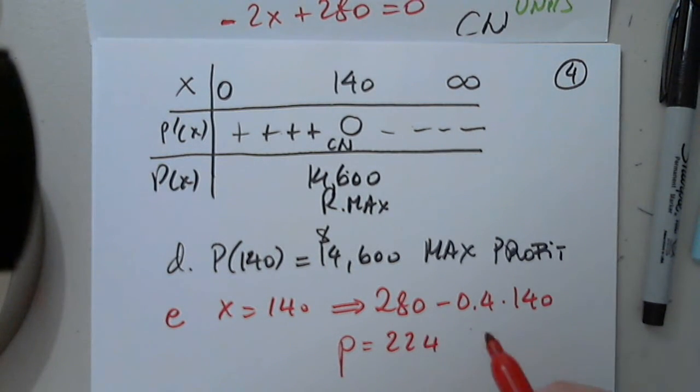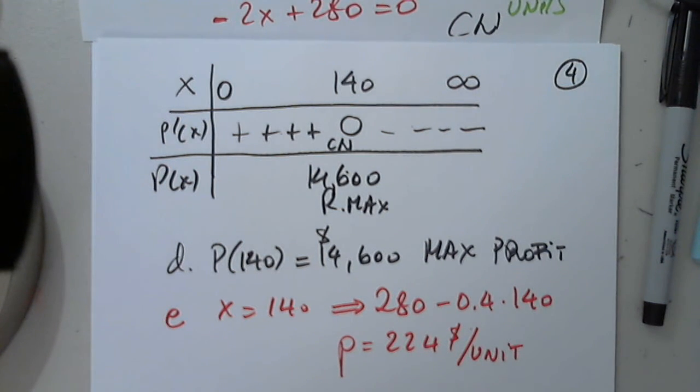So 224, remember, is the price per unit that we should sell to get a maximum profit. Any questions?